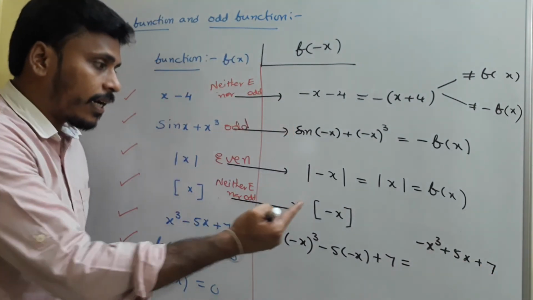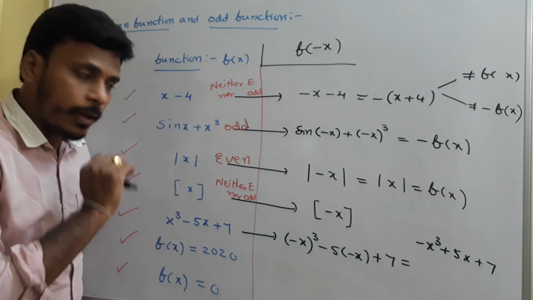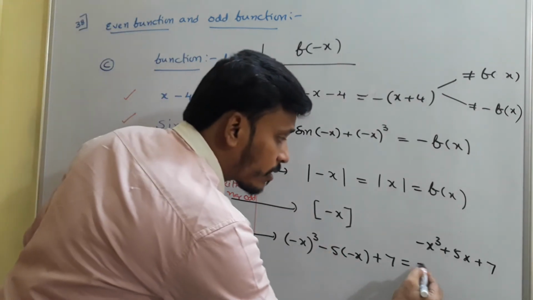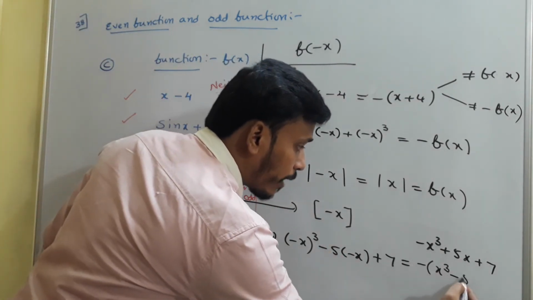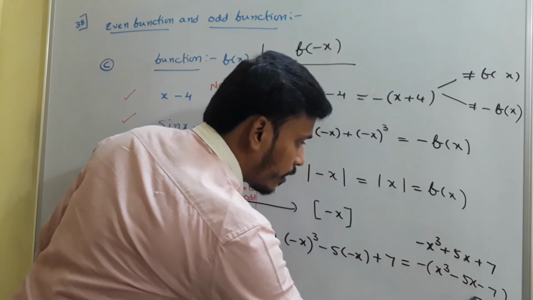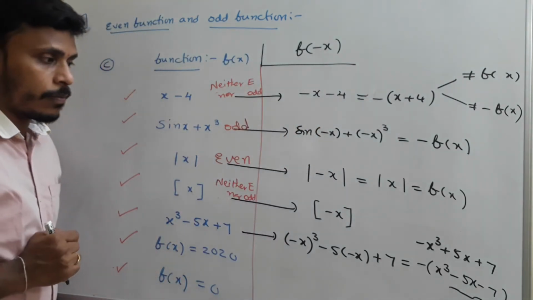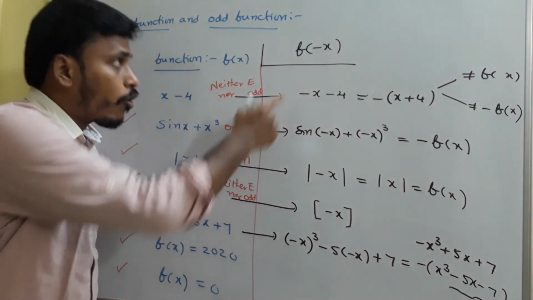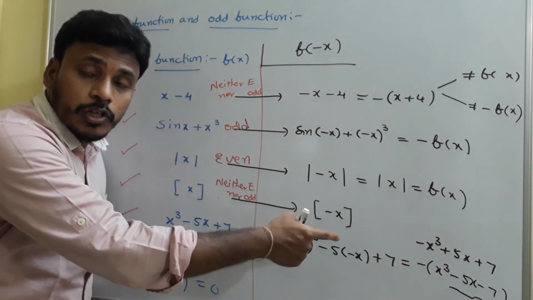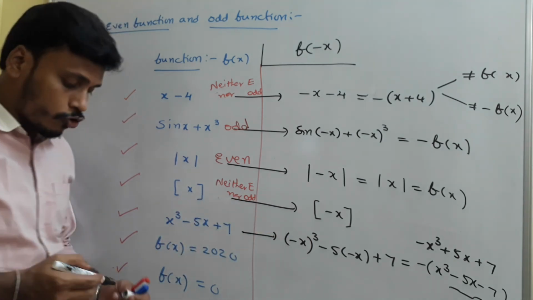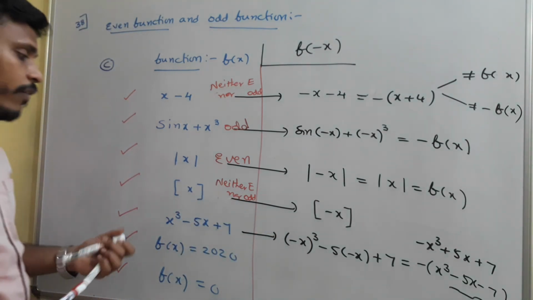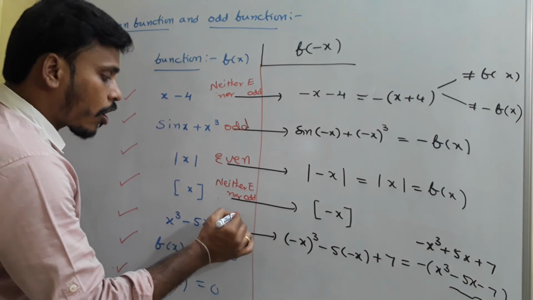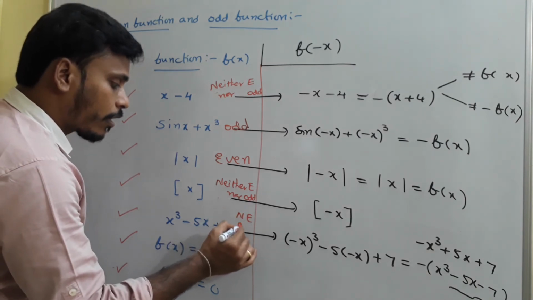Directly that is not equal to f of x, and when you take minus common, it becomes x cube minus 5x minus 7, which is again not equal to f of x. So f of minus x is not equal to f of x as well as not equal to minus f of x, and that's why again we say it is neither even nor odd.